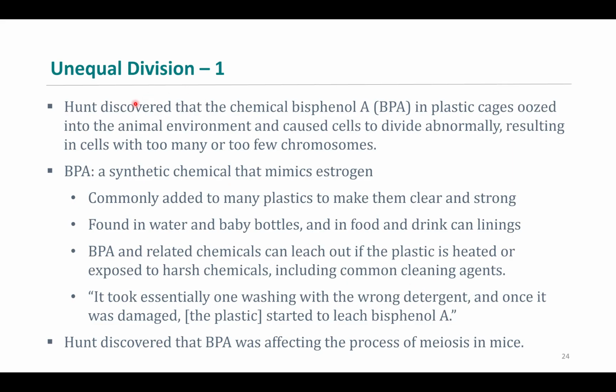At the beginning of the chapter, I mentioned that two labs had some issues with their experiment. The Hunt lab, who were working with mouse egg cells, found out that the containers they were using were leaking a chemical called BPA, bisphenol A. Because this chemical mimics estrogen, even the control containers had chromosomal disorders or genetic deformities in their chromosomes.